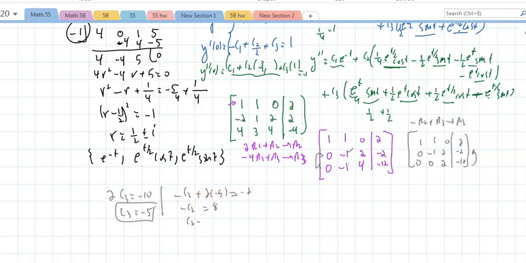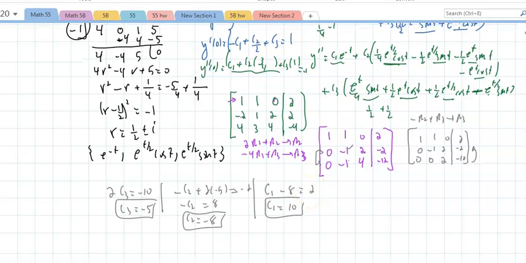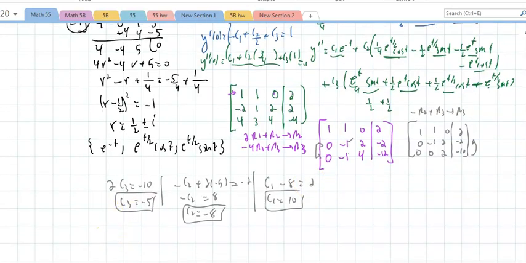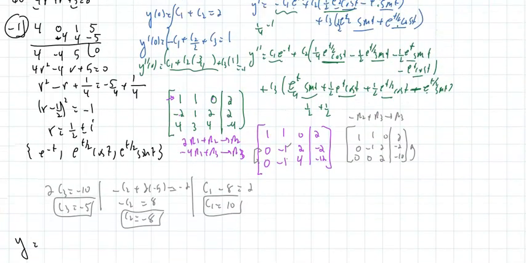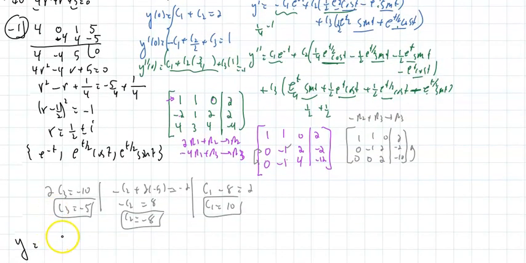And c sub 1 minus 8 equals a 2, c sub 1 equals a 10, and my general solution is y equals, let me see where it was, I lost track, I see it: c sub 1 plus c sub 2 plus c sub 3.